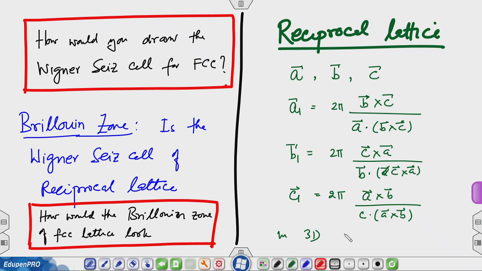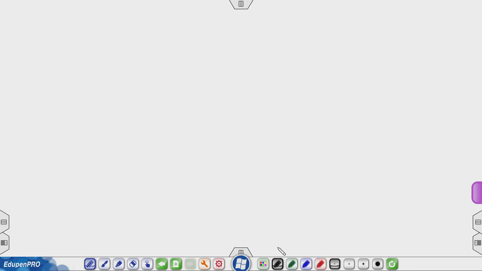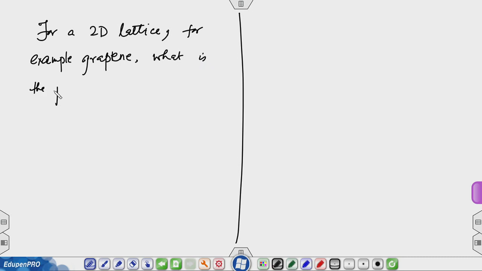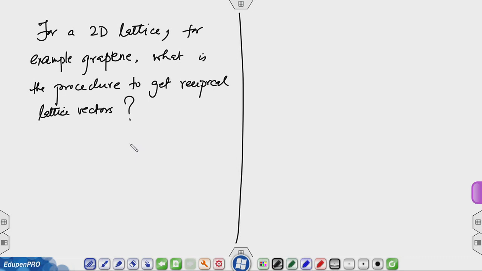Question now I ask is, what about 2D? So, the question I am asking is, for a 2D lattice, for example graphene, what is the procedure to get reciprocal lattice vectors, right?